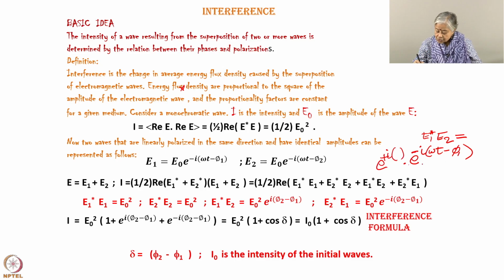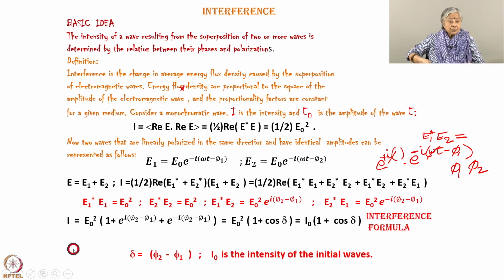The omega t will cancel out with the omega t here, only phi 1 and phi 2 will remain, and that is what I have got here. Phi 1 and phi 2 has remained. Then similarly for E2 star E, I will have E0 square, this is the initial amplitude square, and then again a similar term. So, this is with a plus I and this is with a minus I, just note that.